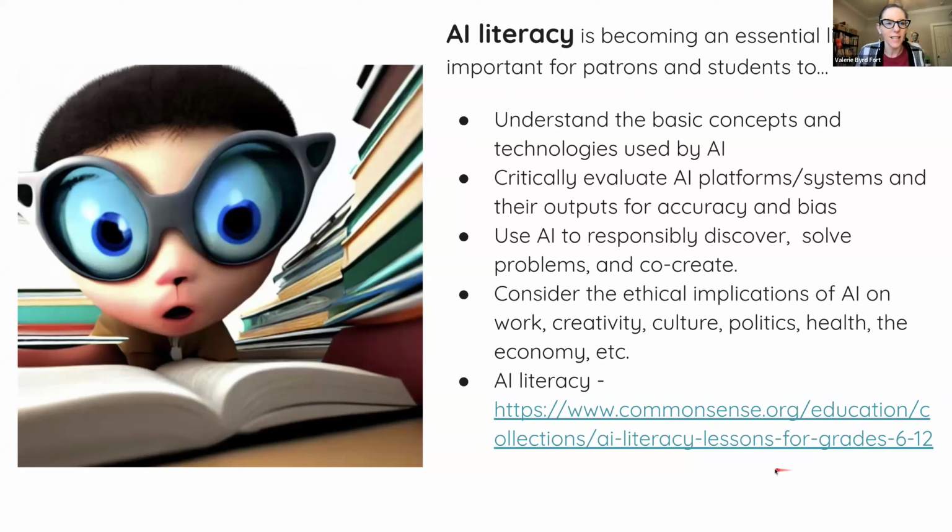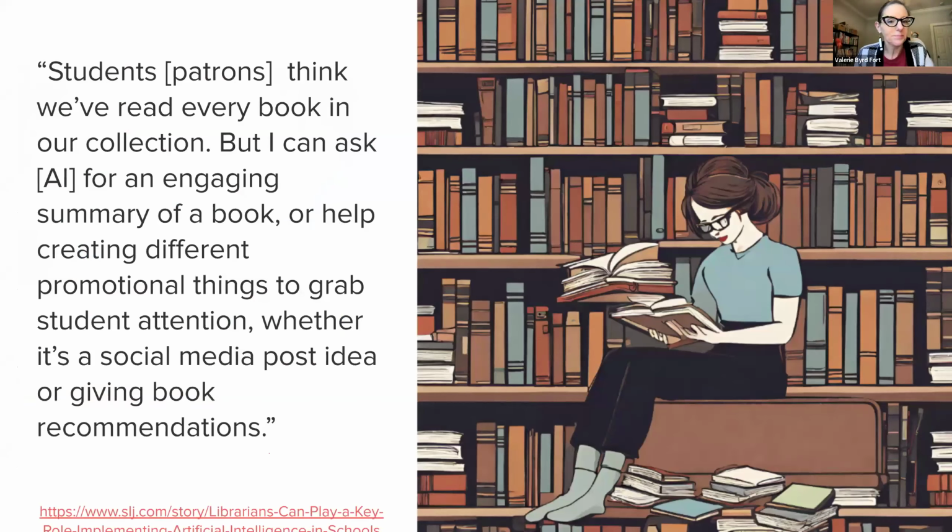There is a link here for that, and it's AI literacy lessons for grades 6 through 12. I think that a lot of them could be modified for higher ed, or even if you are in a public library and you're doing some sort of workshop or program for your adult learners, you could use that to guide your way. Next slide, please.